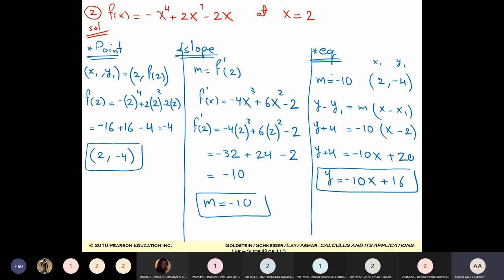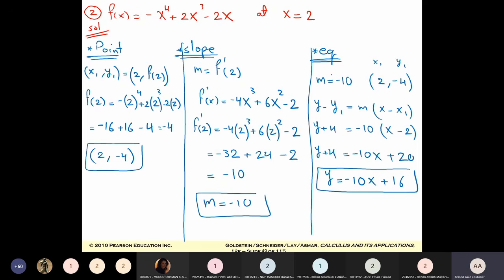Any question? Okay, clear. This is the tangent line.